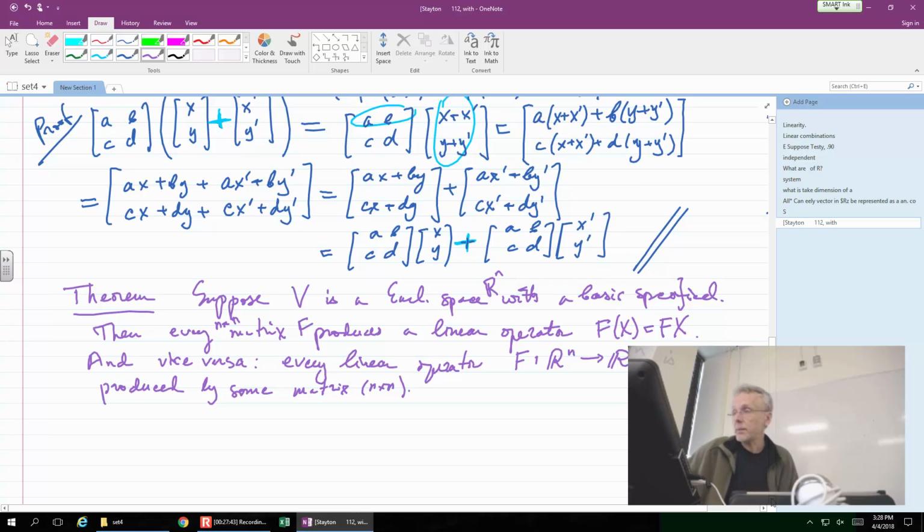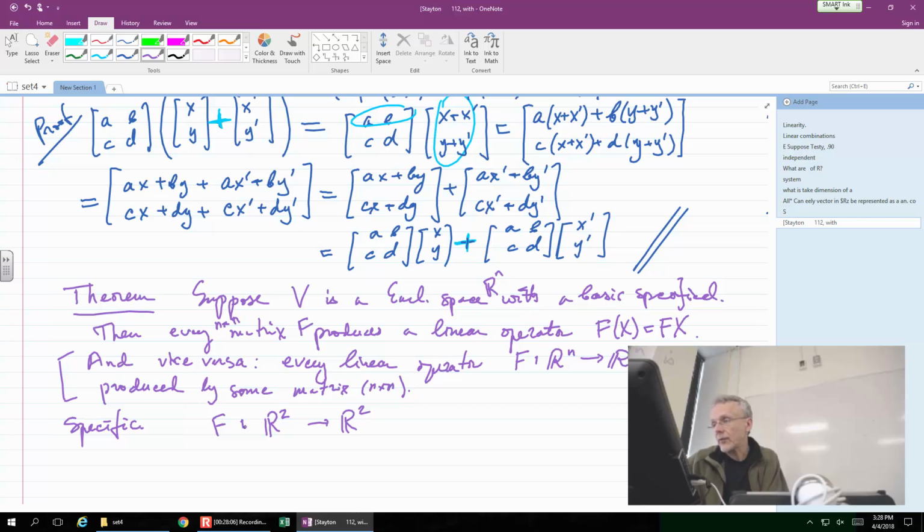It can be made more specific, and that's what I want to try to do. So let's make the second part specific. Suppose we have a linear operator f, from, once again, R2 to R2, with a specified basis. Okay? So let's find a matrix for it. Specific linear operator.